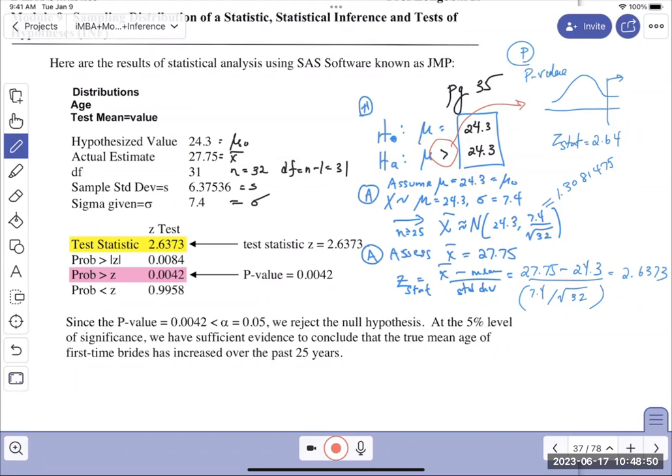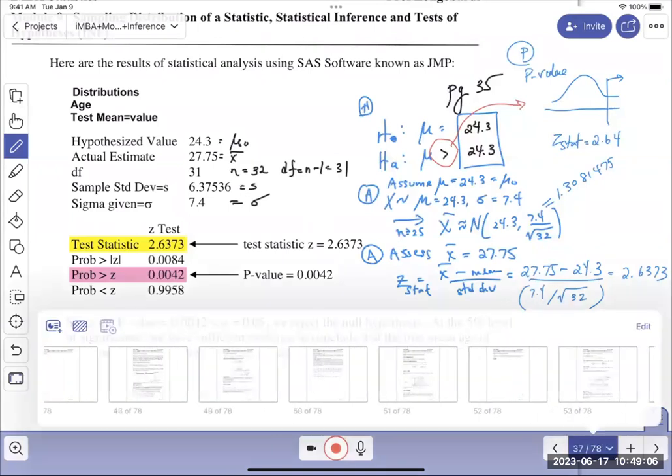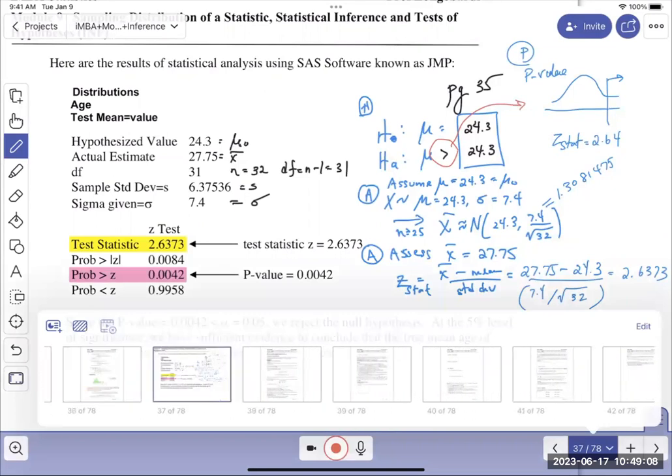And then you've got to be careful because the table only gives you the left side. So you're going to look up negative 2.64 to get this value. Well, I already know the answer.